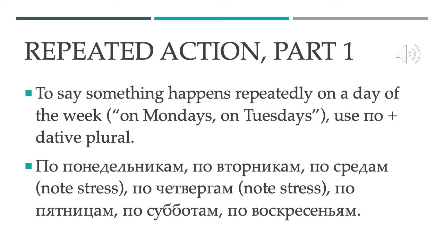По субботам, on Saturdays. По воскресеньям, on Sundays. And note, with this type of ending, we're going to write нье and then ям. And this is how we do the dative plural for nouns ending in нье. It becomes ньям. По воскресеньям, on Sundays.